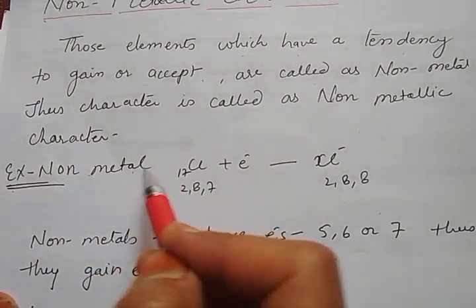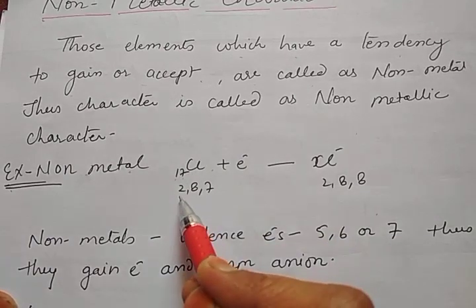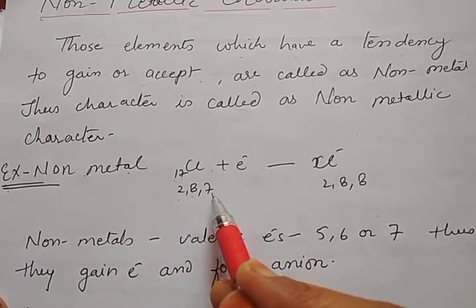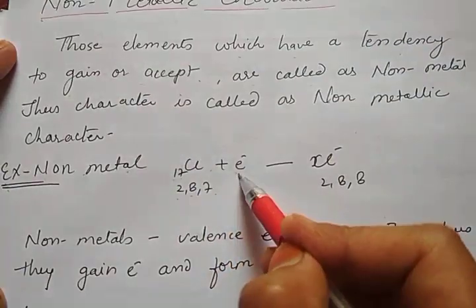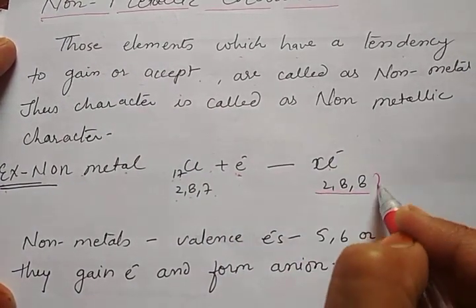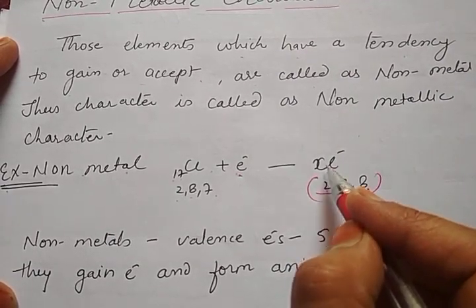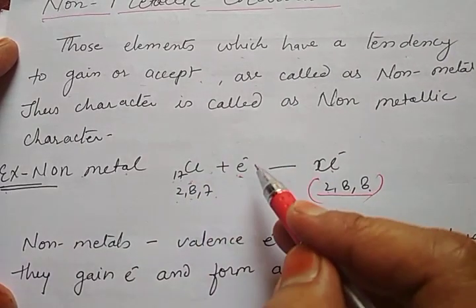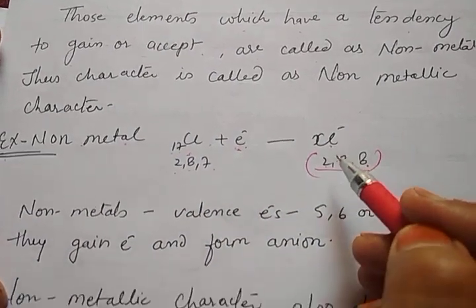An example of a non-metal is chlorine, which has atomic number 17. Its electronic configuration is 2-8-7. To attain a stable electronic configuration, it takes an electron, forming an anion with the stable electronic configuration of 2-8-8. So chlorine is a non-metal, and its character of taking electrons is called non-metallic character.